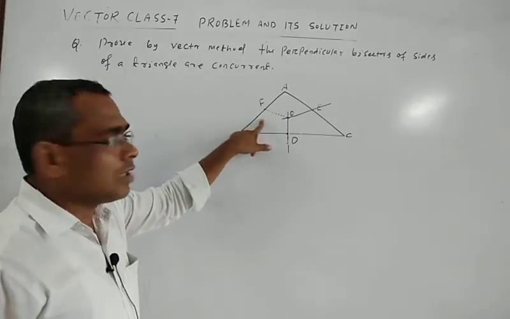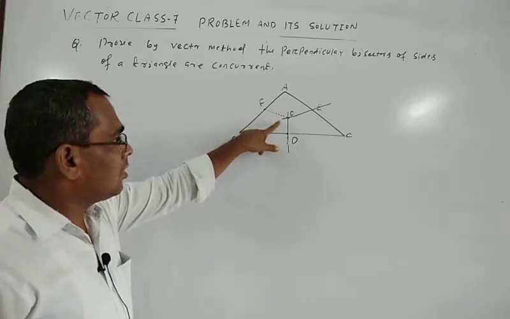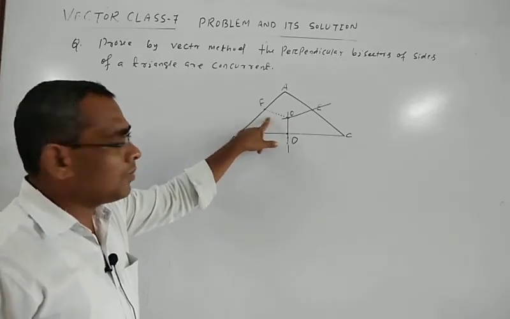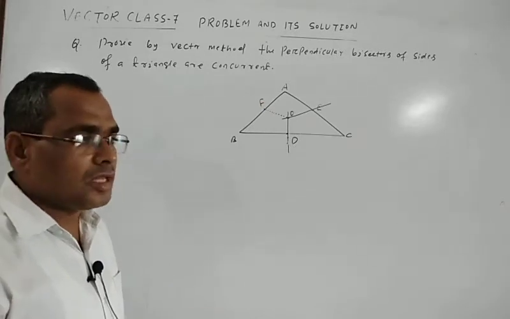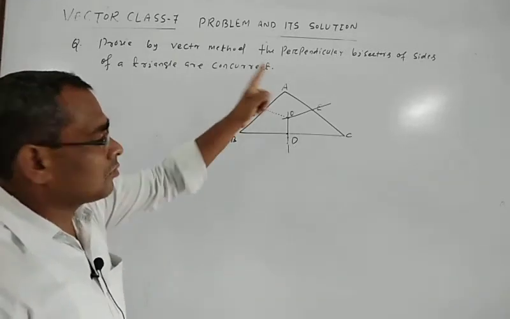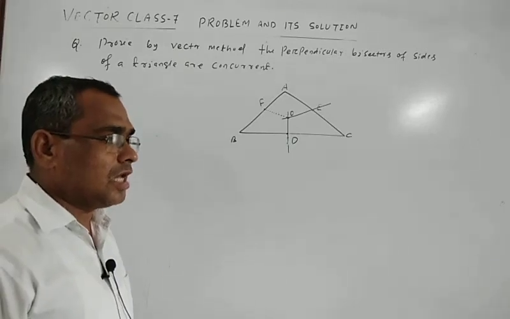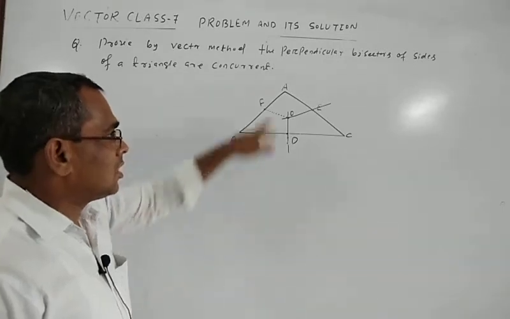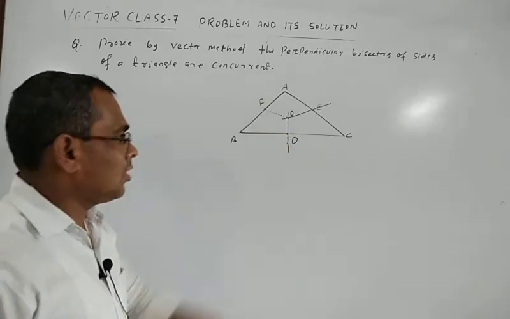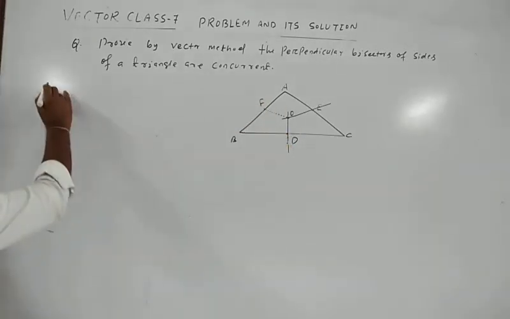OF perpendicular to AB means AB vector dot OF vector is equal to 0. In this way you prove the perpendicular bisectors of the sides of a triangle are concurrent, but we prove it by the vector method. First we represent the vertices in vector form. So what do we write?